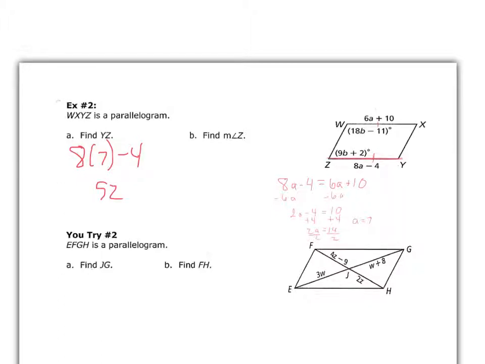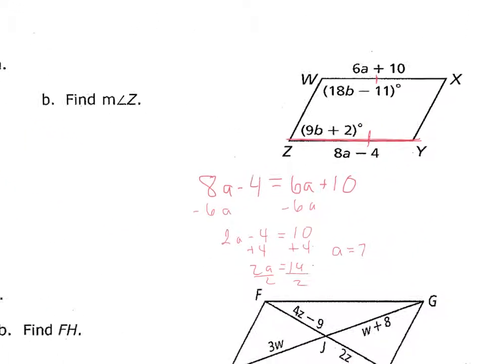Lastly, we want to figure out what angle Z is. Let's look at it. I'll set up the equation for you, and I'm going to ask you to do the rest. What do we know about angle Z? It's 9B plus 2. And what do we know about this angle and this angle? They're not congruent. Remember, they're supplementary.